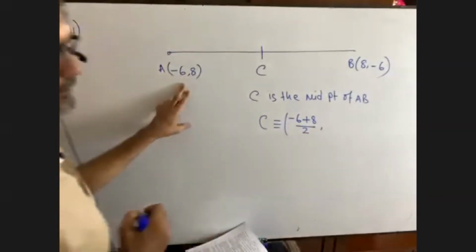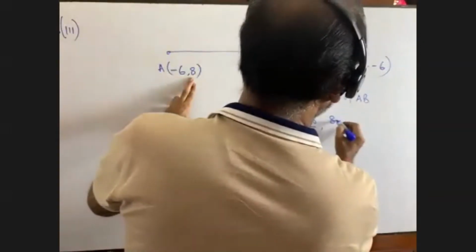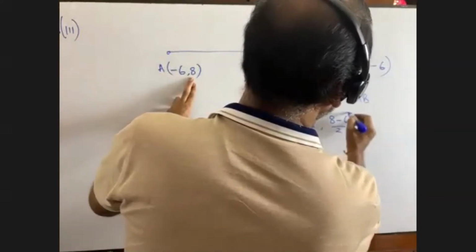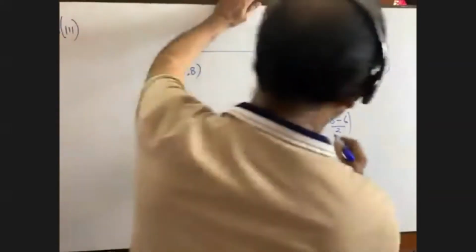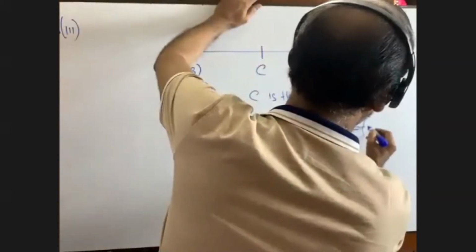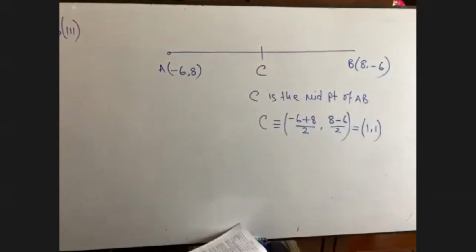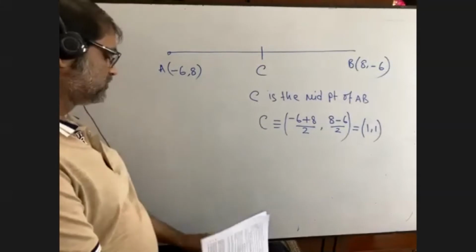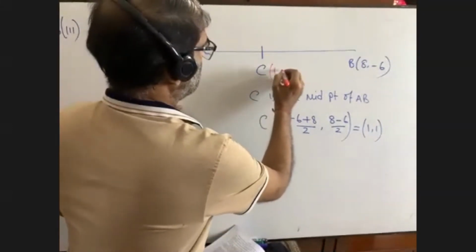Then 8 minus 6 by 2. Is it? Talk to me. Yes, sir. So we are getting (1, 1), right? Now the coordinates of C have been found as (1, 1).